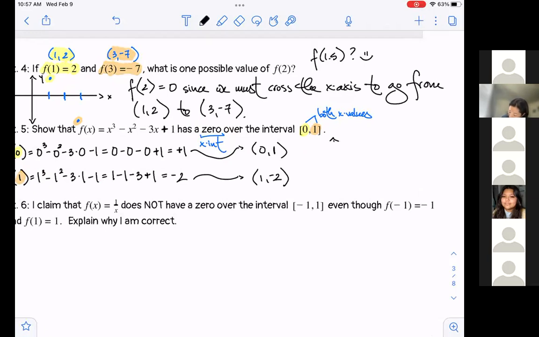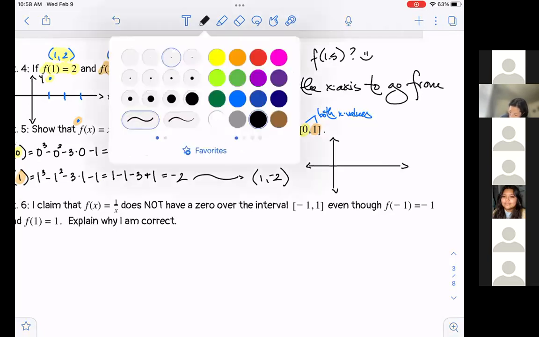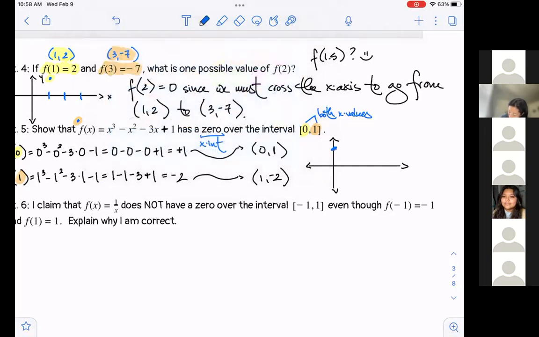So if we graph these 2 points that we have, 0, 1, and then 1, -2, between this point and this point, an x value of 0 and an x value of 1, somewhere in between there, we have to cross the x-axis. So that guarantees that we have an x-intercept between the x values of 0 and 1.